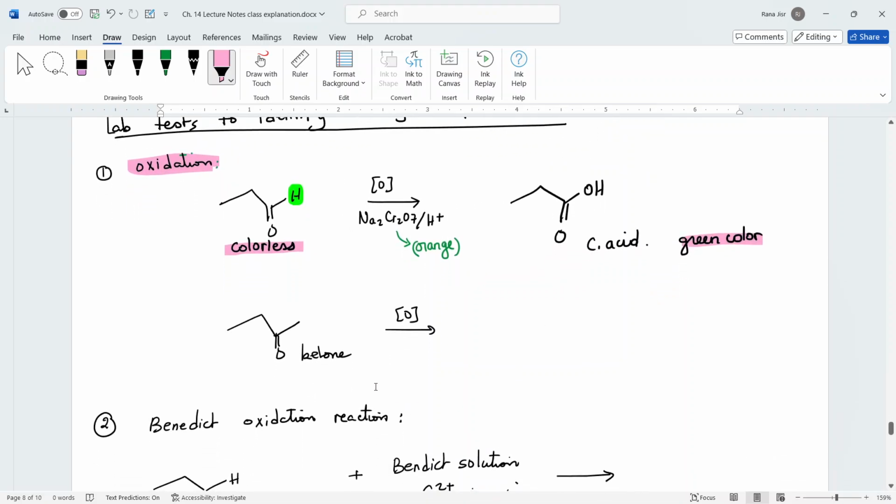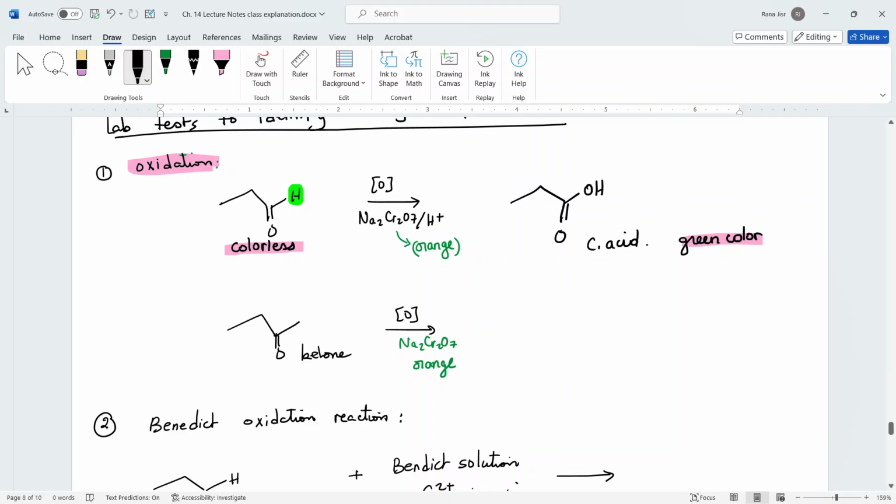Okay? Now with ketones, if I use the same thing, if I use the sodium dichromate, which is orange, and I mix the solution together, the color will remain orange.